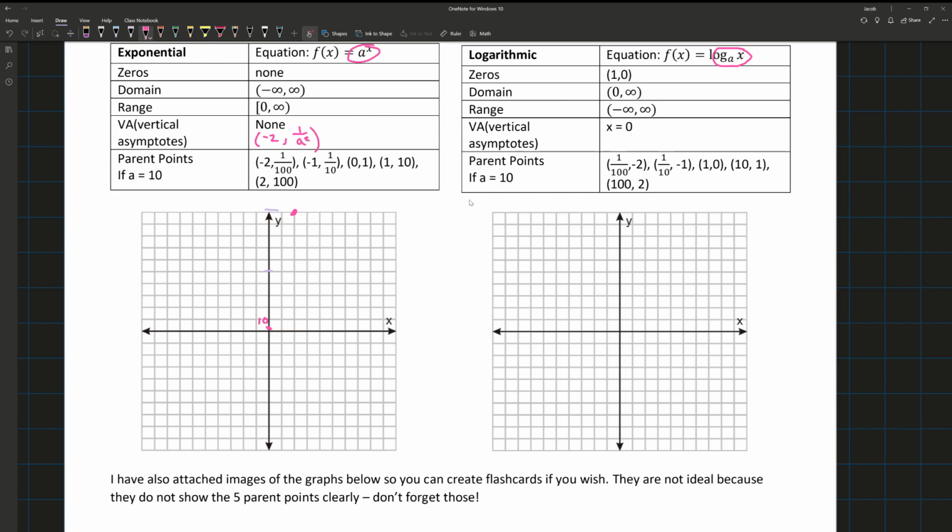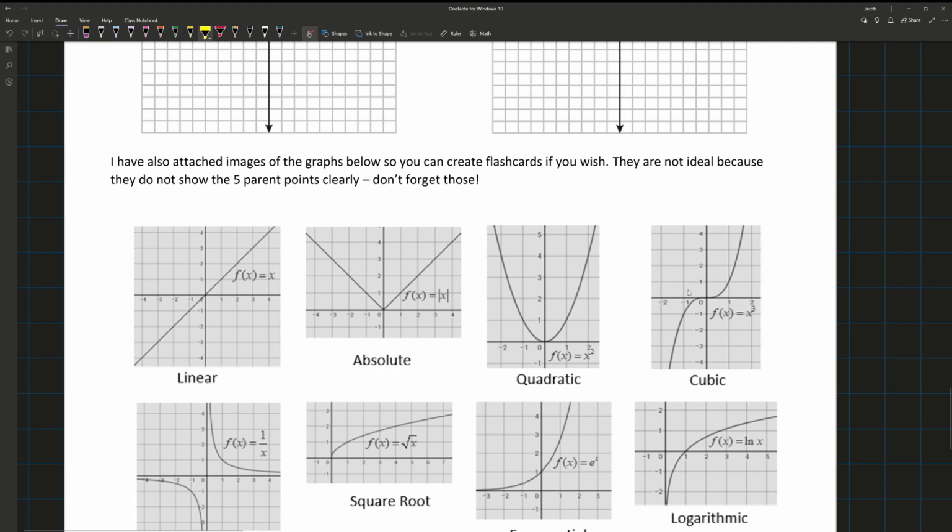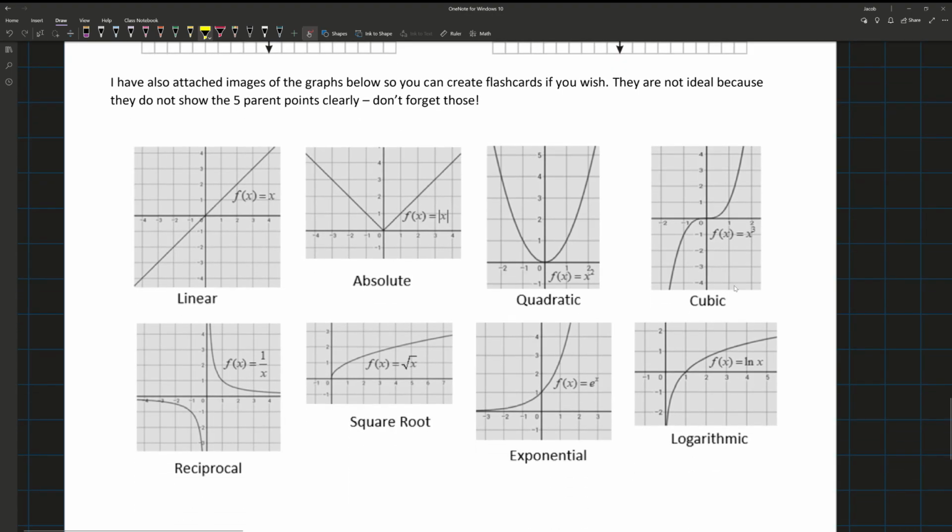And we'll get into what makes these parent points when we revisit exponential and logarithmic graphs. For right now, I'd like you to focus primarily on these sections when it comes to these two graphs. So these first 4 sections, not necessarily the parent points here, because they're subject to change depending on the specific equation.